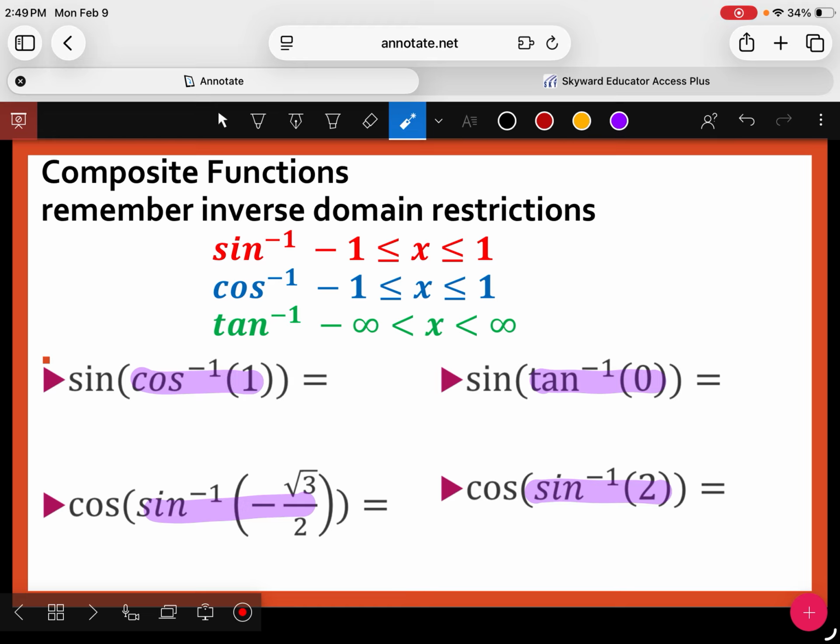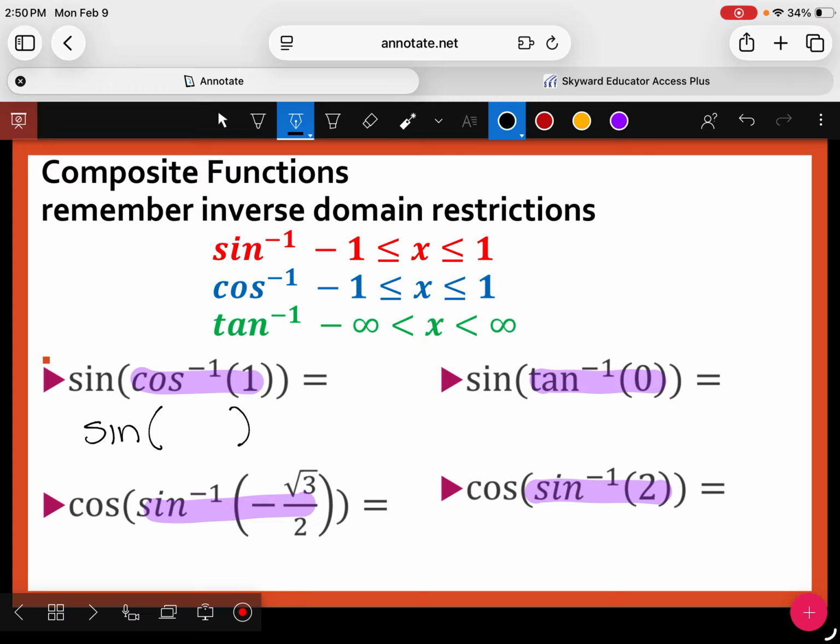Okay, so looking at our unit circle, I have sine on the outside, and remember, I'm starting off with cosine. What angle in quadrants 1 and 2 only has a cosine of 1? Looking only in quadrants 1 and 2, the angle that has a cosine of +1 is 0.